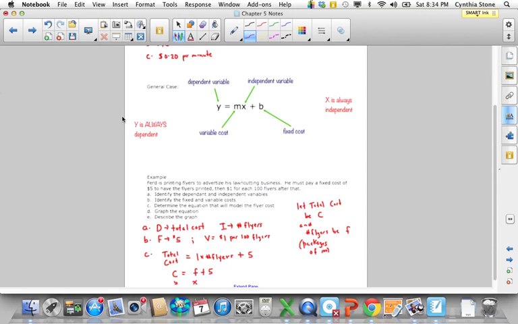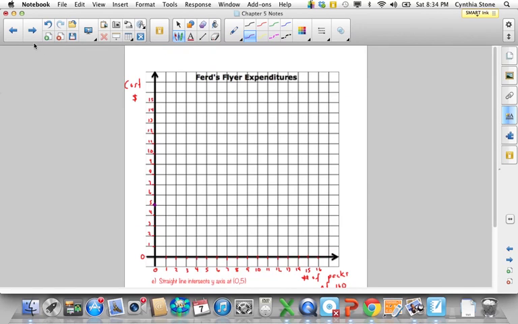So just remembering that each package of flyers is $1, right? So one package of flyers will be $1 more than that. 2 packages of flyers, I just keep going up by 1. So I could just draw a line out of that.